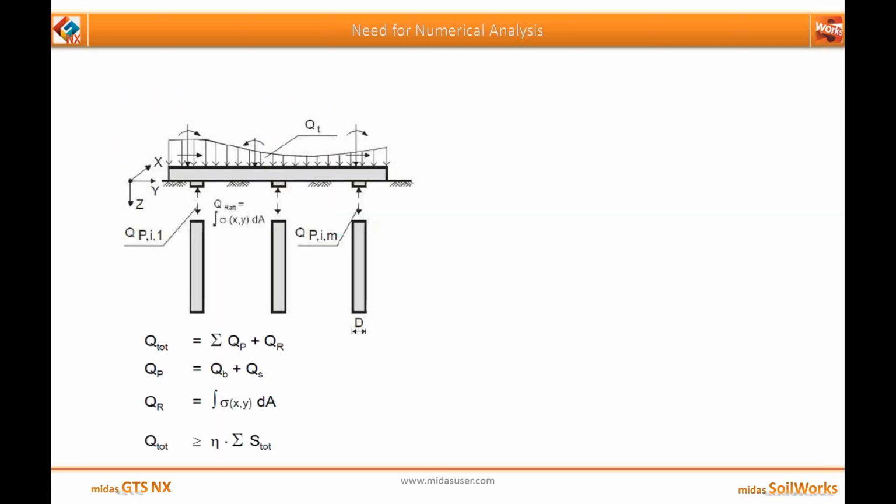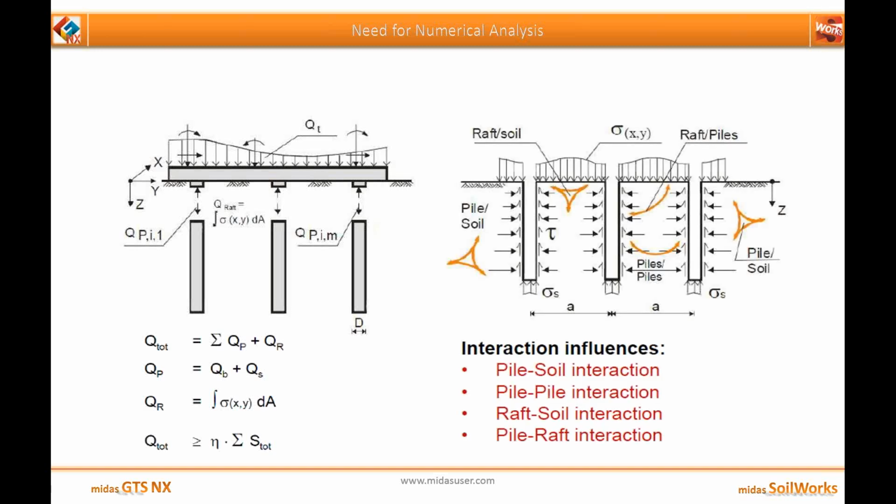Now, what is the need for numerical analysis? Why should one go for numerical analysis? The fact is that whenever there is a pile raft foundation, there are different types of interaction: pile soil interaction, which is a kind of soil structure interaction, pile pile interaction, raft soil interaction, and pile raft interaction.